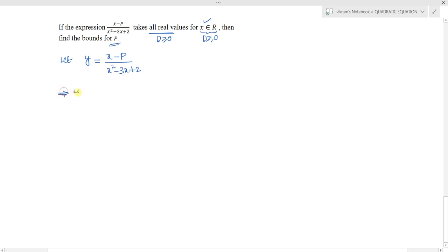Simplifying, we obtain y(x² − 3x) + 2y = x − p.